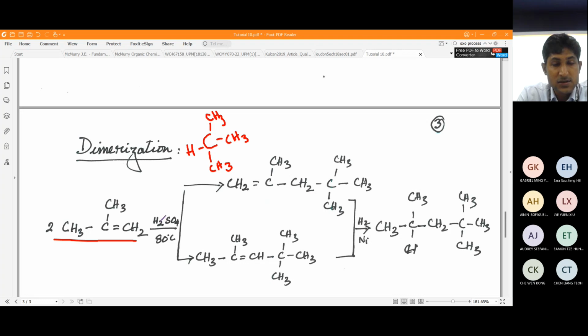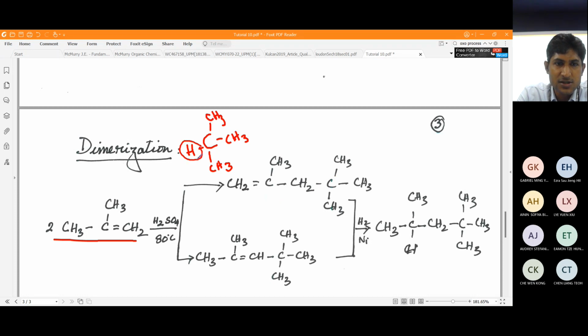All right, so this isobutane is added to the alkene, and then at 80 degrees centigrade, it is getting dimerized. That means it is getting attached.